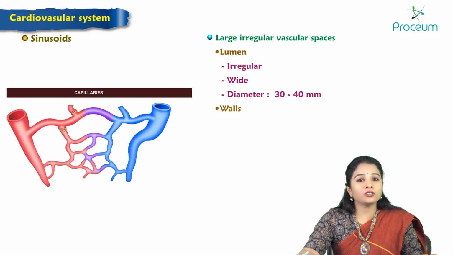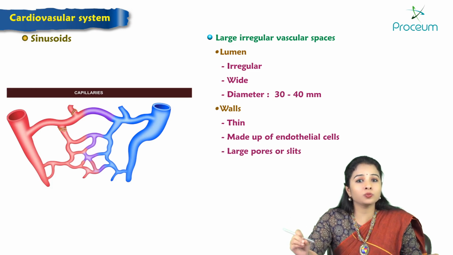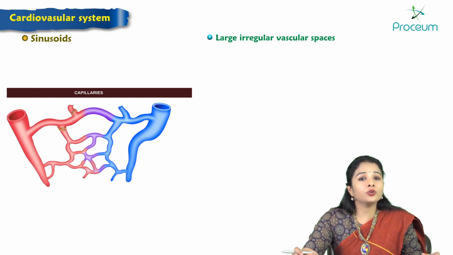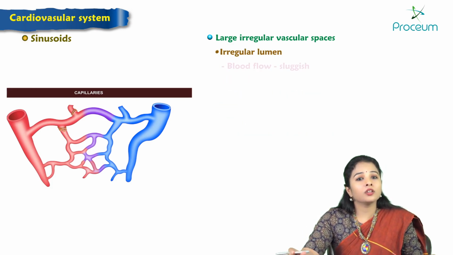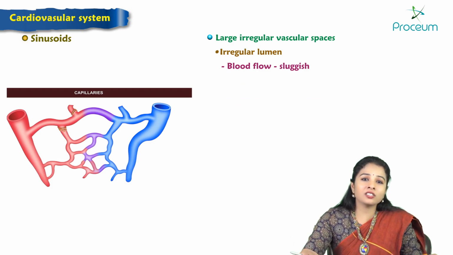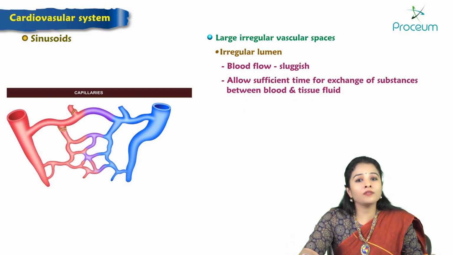The walls are thin and made up of endothelial cells with large pores or slits. Due to the irregular lumen, the flow of blood is sluggish in the sinusoids, which allows sufficient time for exchange of substances between blood and the tissue fluid.